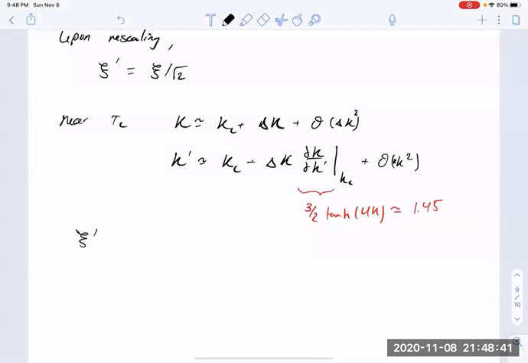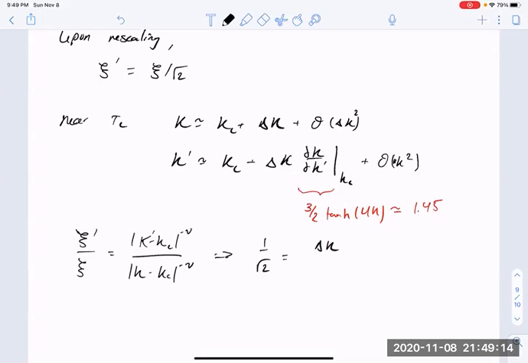So the correlation length in the zoomed out system relative to the original system, since they both go like K minus Kc to the minus nu, we know that that ratio is 1 over the square root of 2, and that's equal to delta K times 1.45 to the minus nu over delta K to the minus nu, from these two expressions, taking that Kc over to the left-hand side.